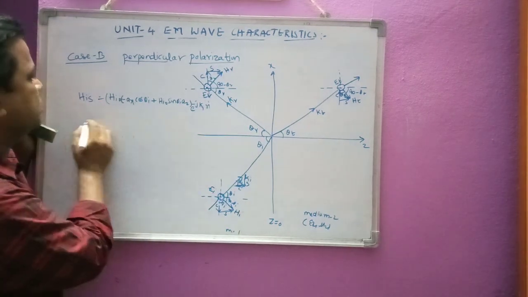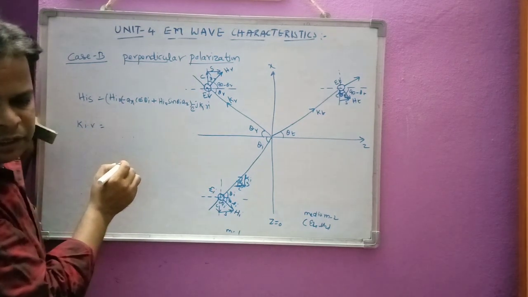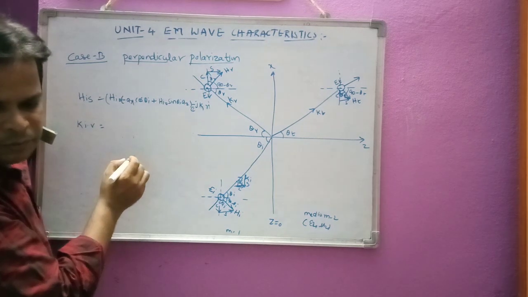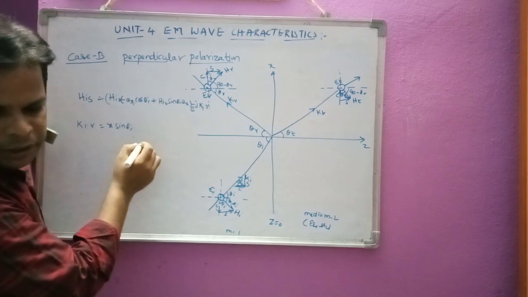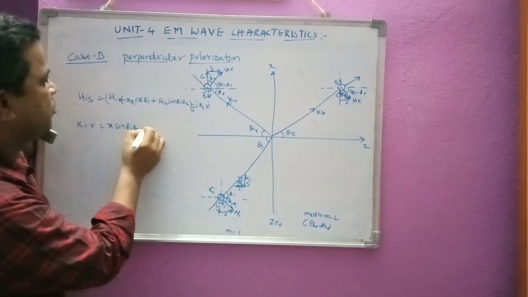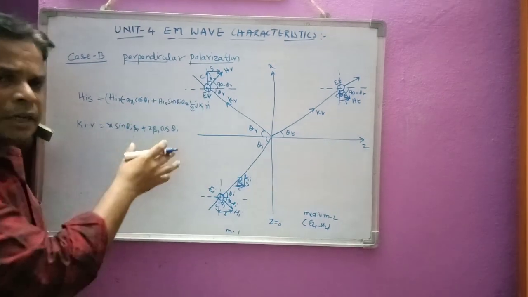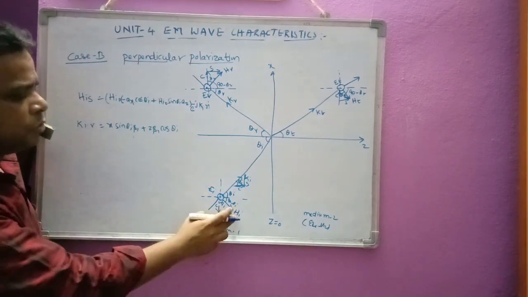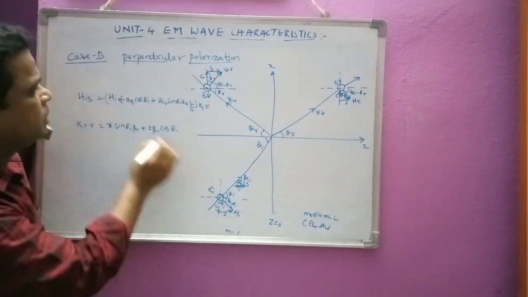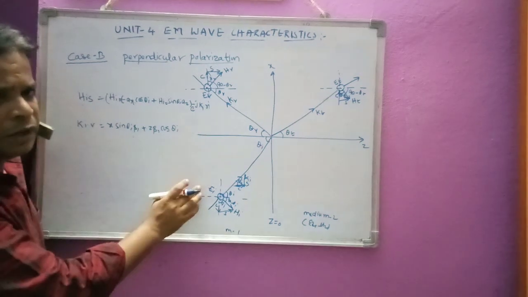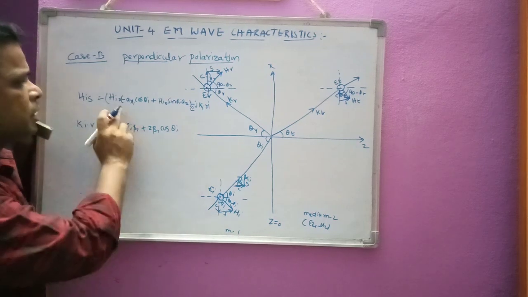I can directly substitute the ki dot r equation we have seen for the electric field, that is EI of S. So what is that equation here? x sin theta I beta 1 plus z beta 1 cos theta I. I don't want to write the equation again, because we don't have any change in the ki dot r equation. We only have a change in the components, the electric field component and the magnetic field component. The magnetic field component is resolved into x and z. That's why we have resolved it like this.